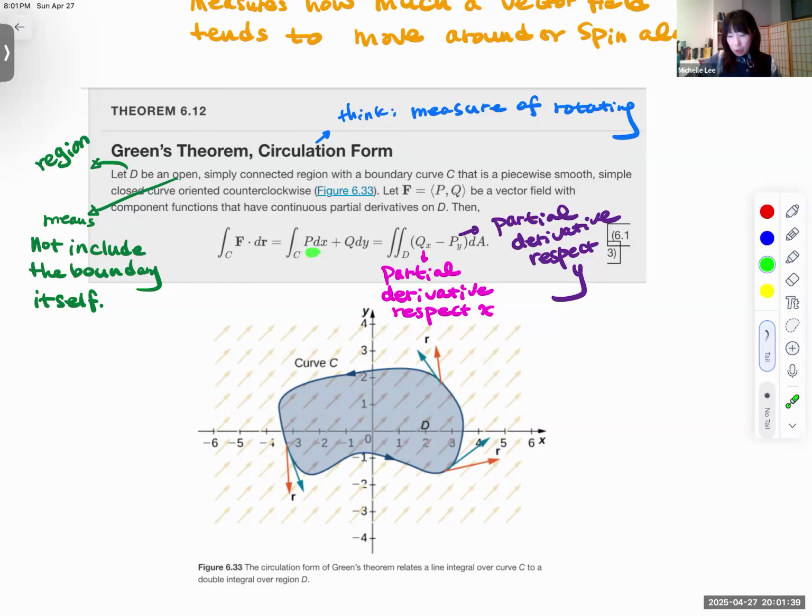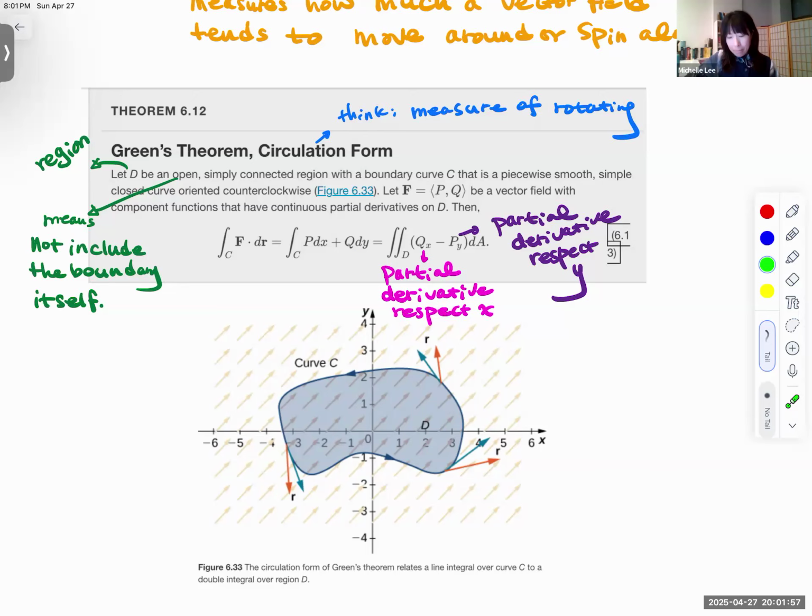In the vector field, for the function P we integrate with respect to x, and for the function Q we integrate with respect to y.